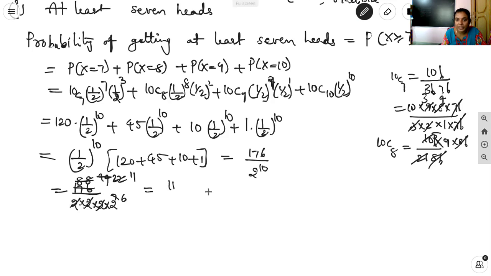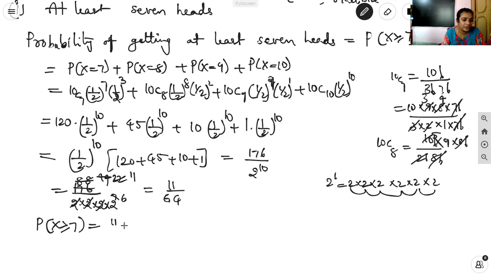It's 11 by 2 power 6, which means 2 into 2 into 2 into 2 into 2 into 2. 2 twos are 4, 2 4s are 8, 2 8s are 16, 2 16s are 32, 2 32s are 64. 11 by 64. So probability of x greater than or equal to 7 is equal to 11 by 64.